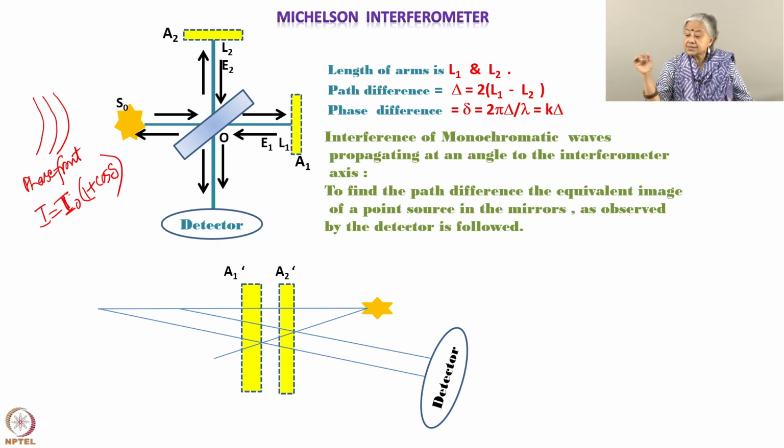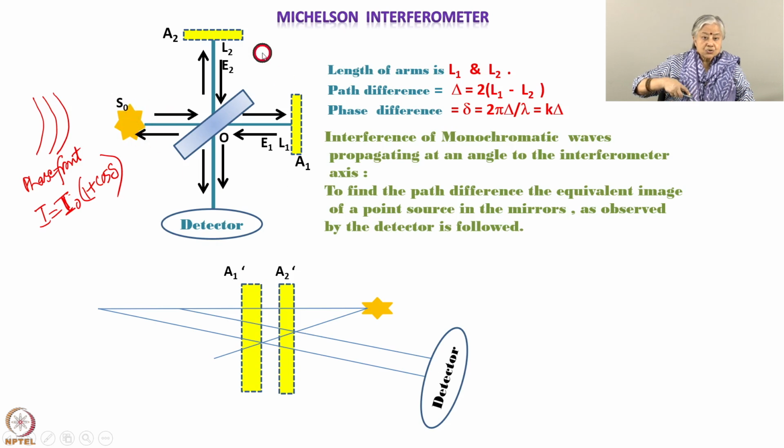So, to represent the Michelson's interferometer in a different way, you have to just imagine this detector I have placed here. What is the detector looking at? The detector has a spot size, maybe as big as this.